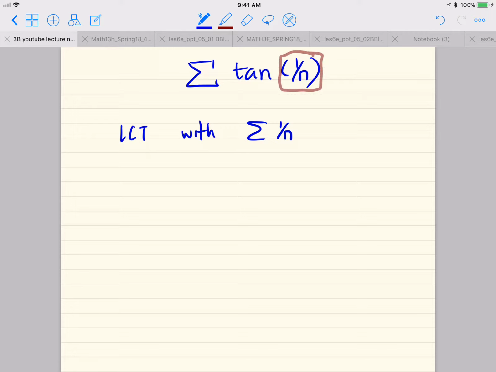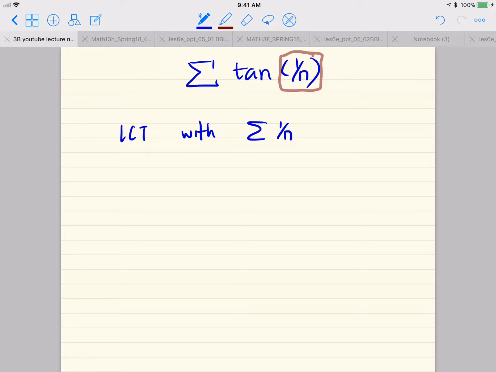Right, this will be L. If L is any finite number, then both of the series converge or both of the series diverge. Lucky for me, not lucky, this is on purpose, I know that this is the harmonic series, and the harmonic series diverges.